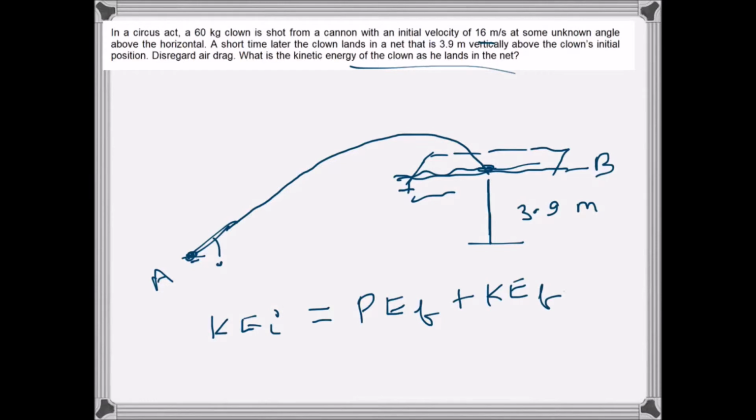We can now rewrite this as KE final equals KE initial minus PE final.